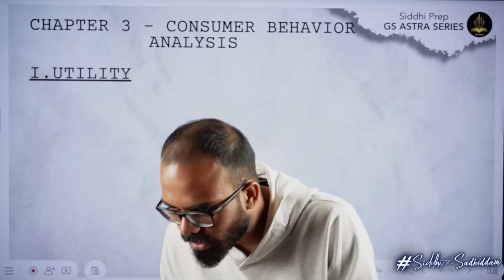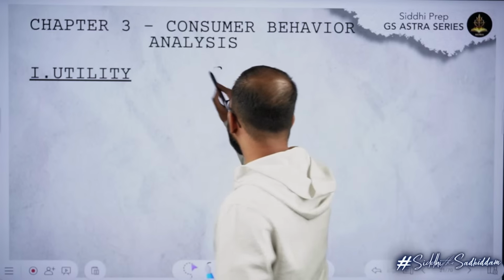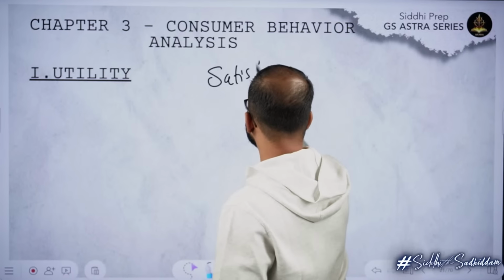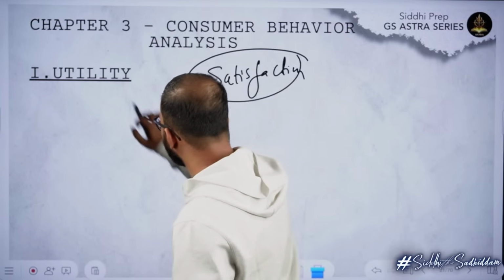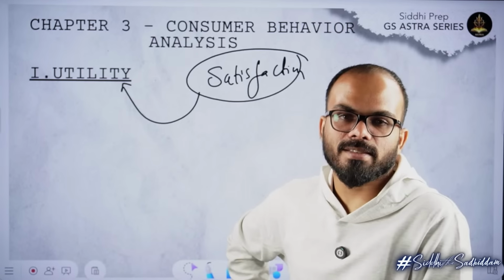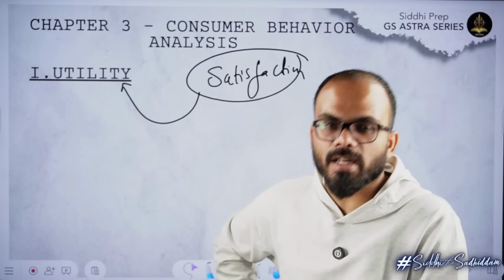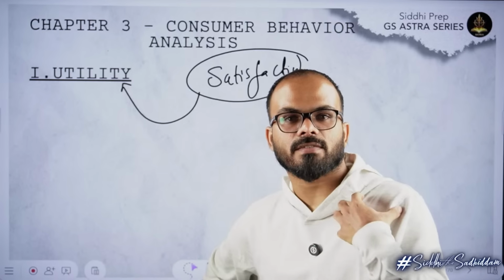Satisfaction. Very good. Satisfaction, happiness. In economic terminology, the satisfaction that you derive when you do something is called utility. Utility is considered as the satisfaction that you derive when you do something. You are eating an ice cream, you derive some satisfaction.